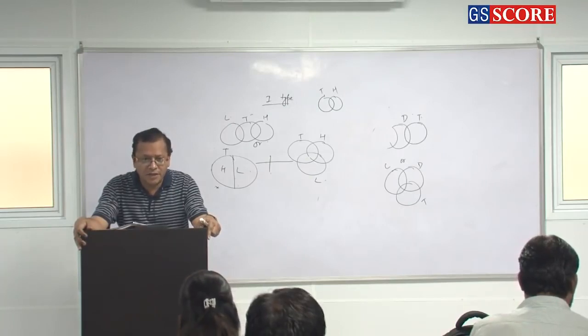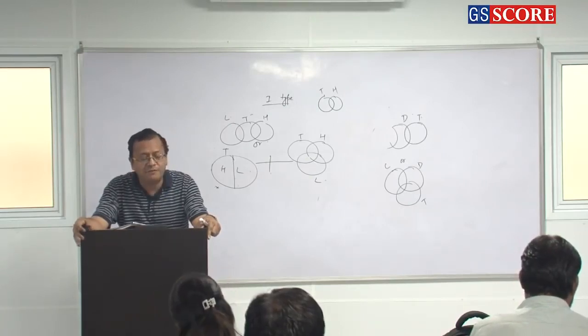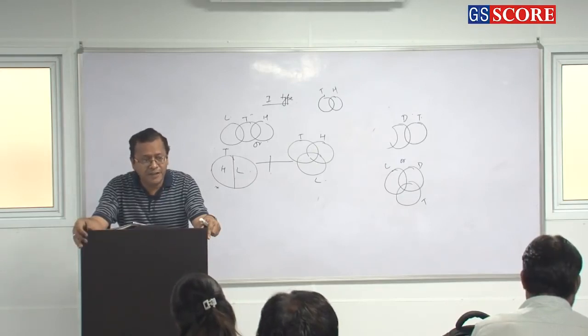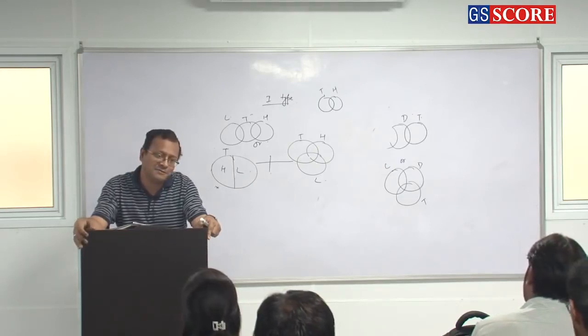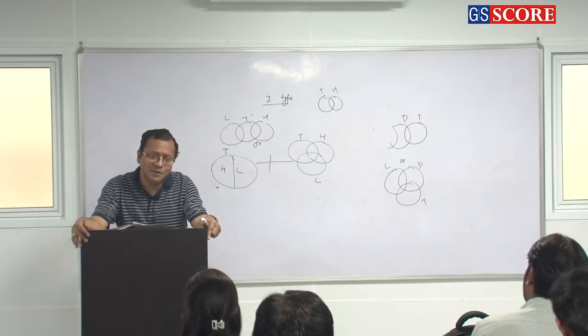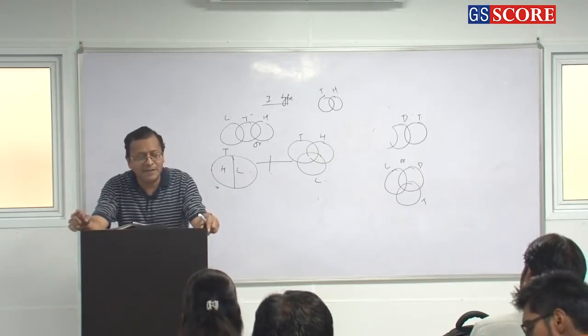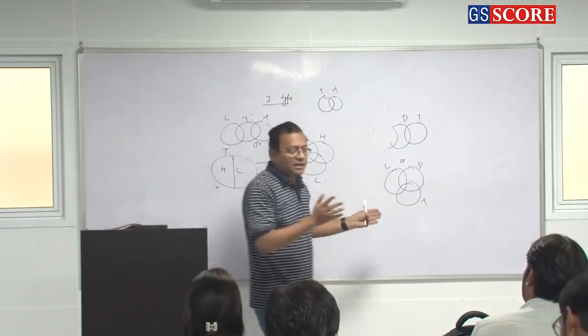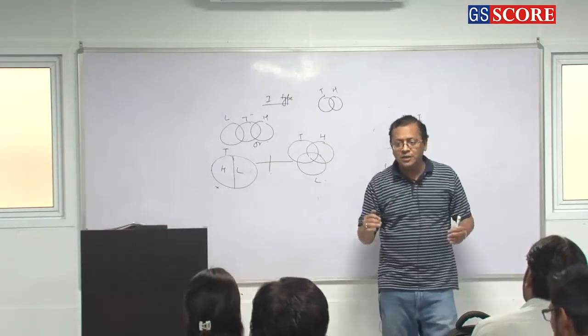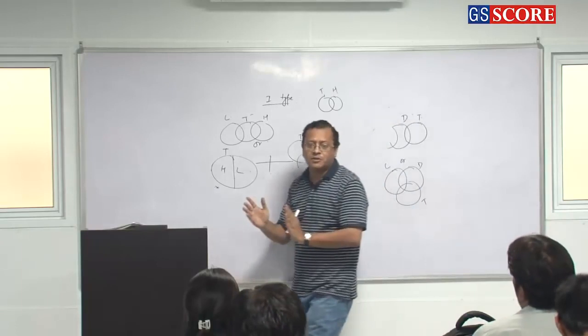For example, if it rains, I will take an umbrella. This was a categorical syllogism, A-E-I-O, and this is a hypothetical syllogism.